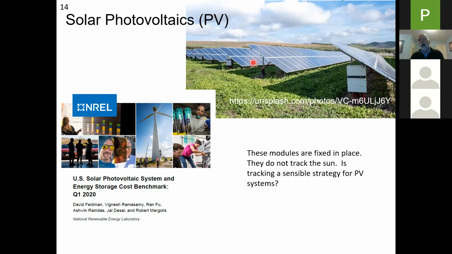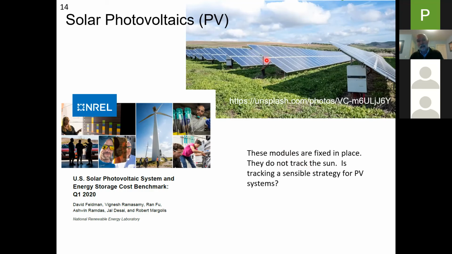We're going to be looking at the basic principles of operation of photovoltaic systems. As I said right at the beginning, that's an area where my knowledge of it is probably considerably poorer than yours, and you'll probably have to help me in this. And then we're going to be looking at issues like, is it worthwhile to track the sun?